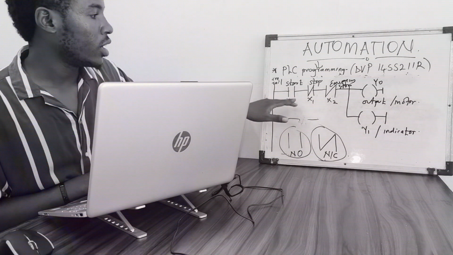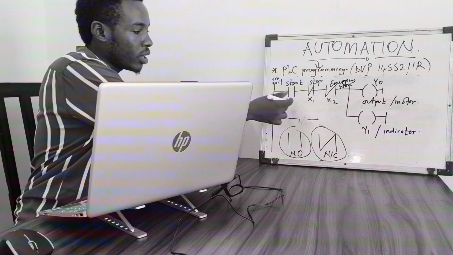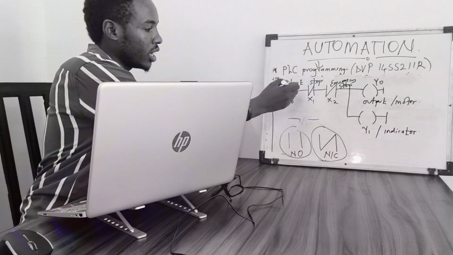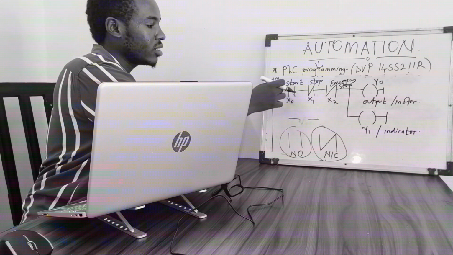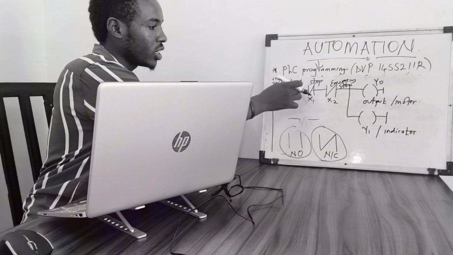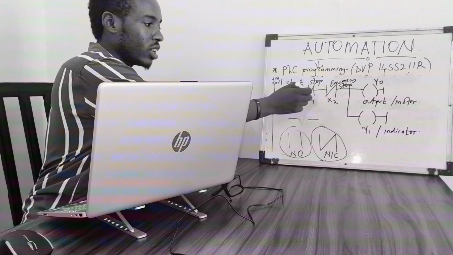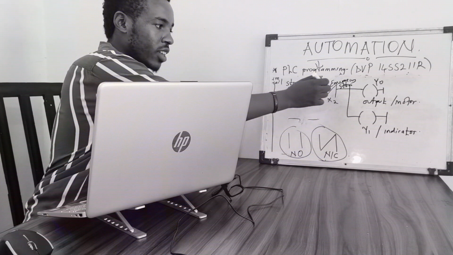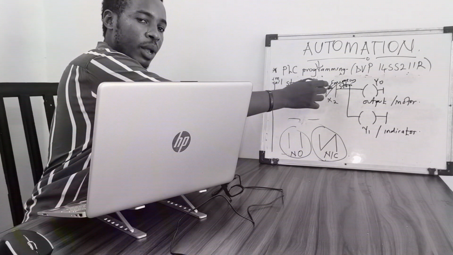So here, when I place the start switch, it closes. When it closes, that means current is going to flow through this switch. It is going to come here, and it finds the stop button in a normally closed condition, so current flows. When it reaches here, this emergency stop button is also connected in a normally closed way.